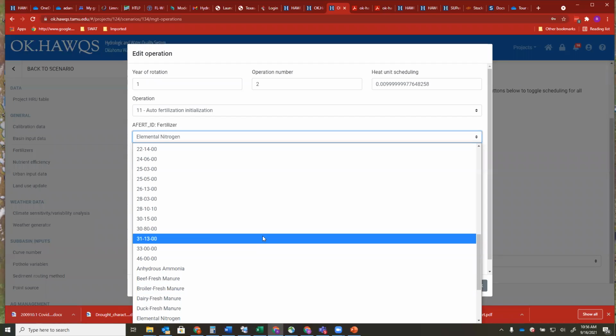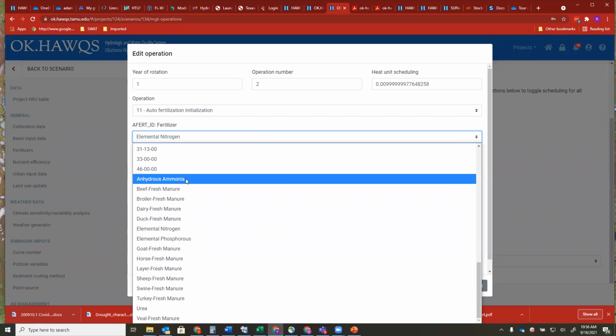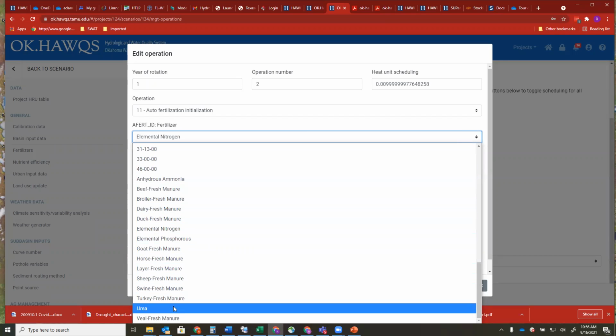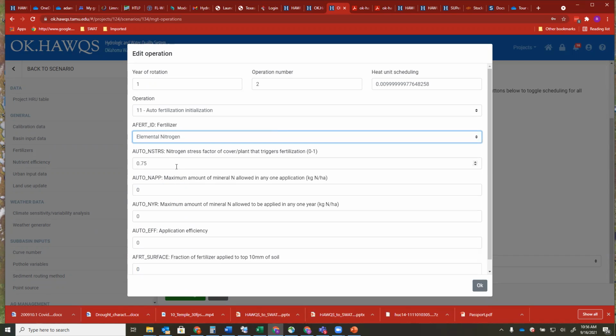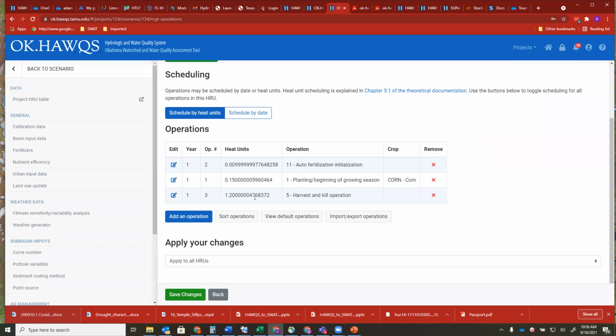You'll be able to choose the fertilizer here, whether it's ammonia or urea, whatever you're applying. And you can also tell at what time you want to apply that fertilizer, how much maximum you want to apply, and things like that. So once you're done with that, then you're going to harvest. Let's say I want to add a new operation.